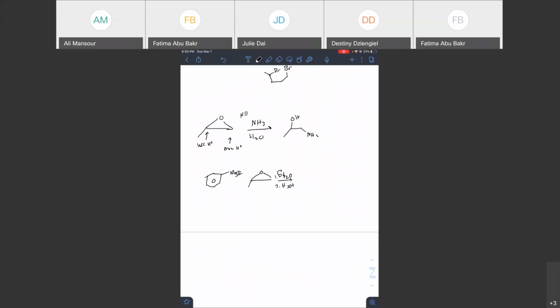With those reacting together, the Grignard is basically a negative charge. So this is basically a cyclohexane with a negative charge. The negative charge is going to attack again the right side, the side with the most hydrogens. So what we get is this, and on the other side, we get OH.